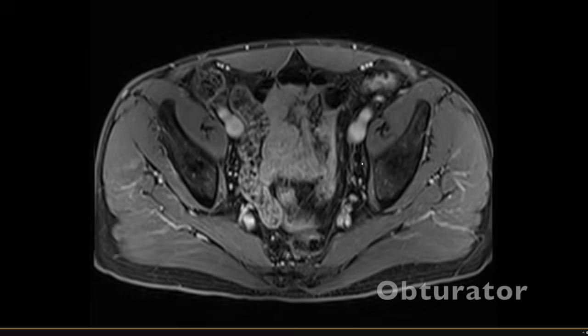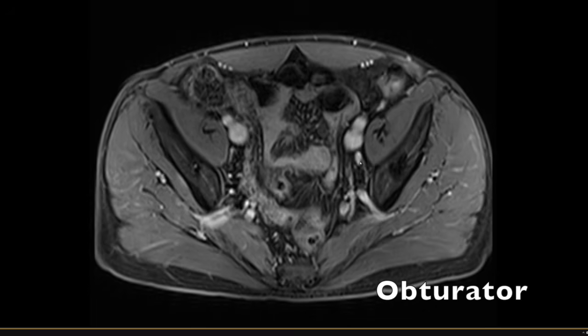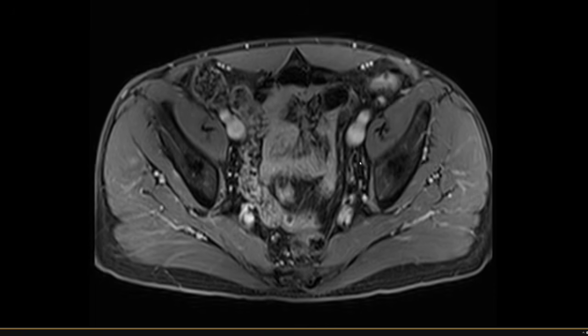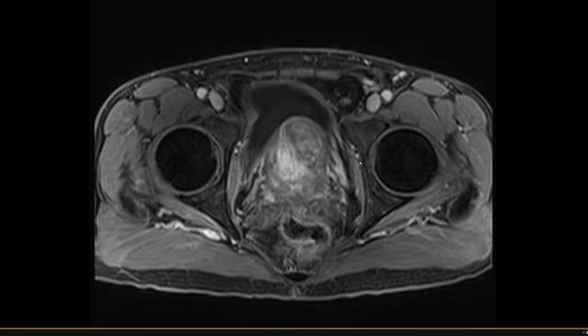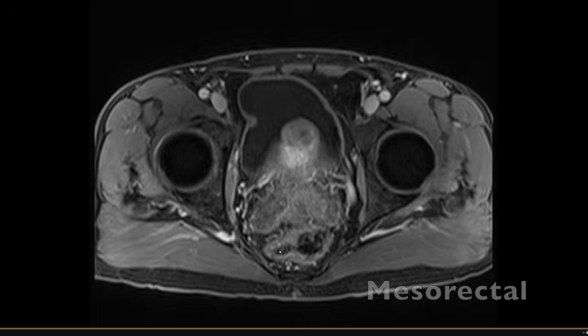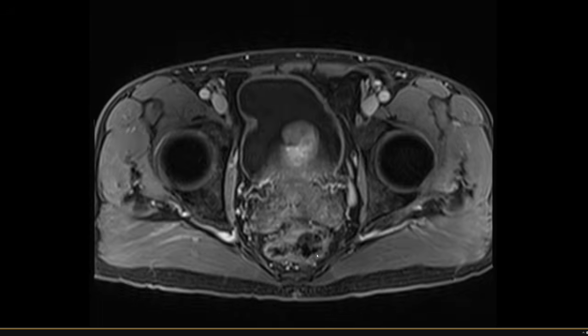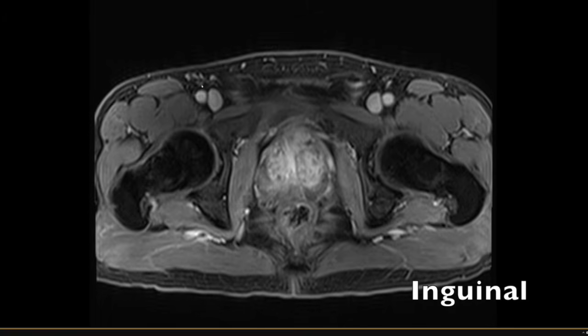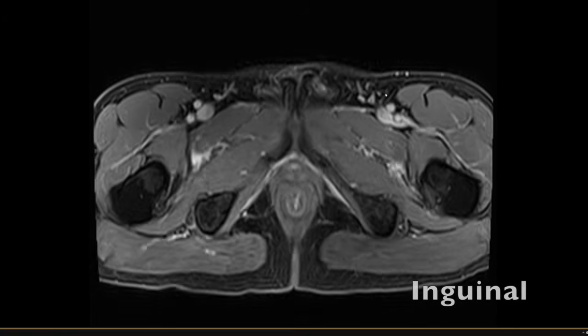We have our obturator nodes here. Other important nodes to note are the mesorectal nodes, which are going to be around the rectum and we might see on our T2-weighted sequences, as well as our inguinal nodes here in the inguinal regions.